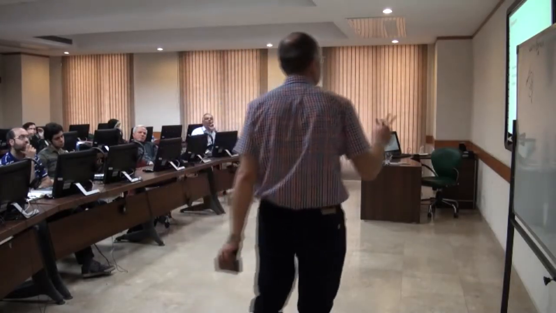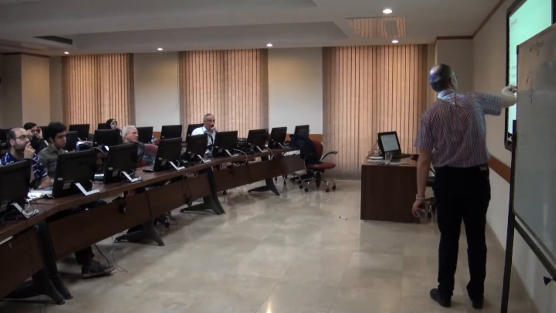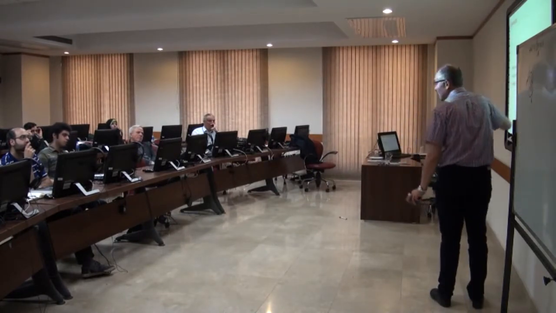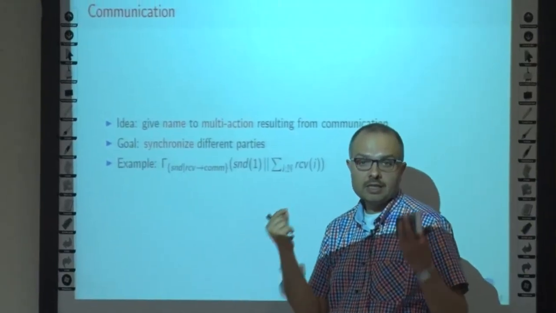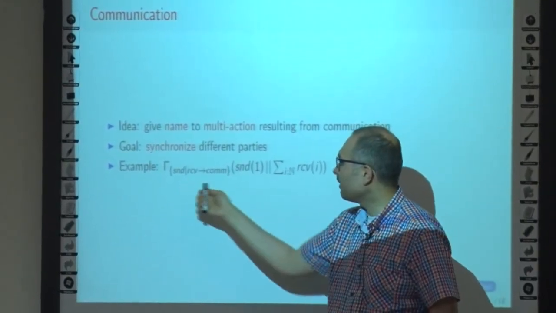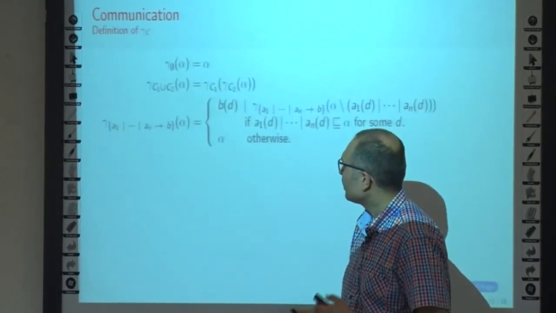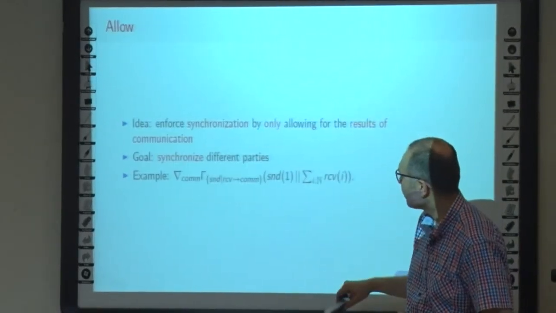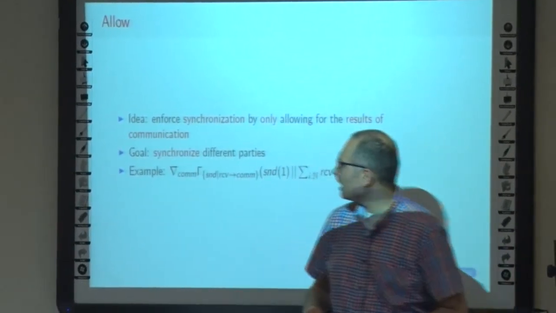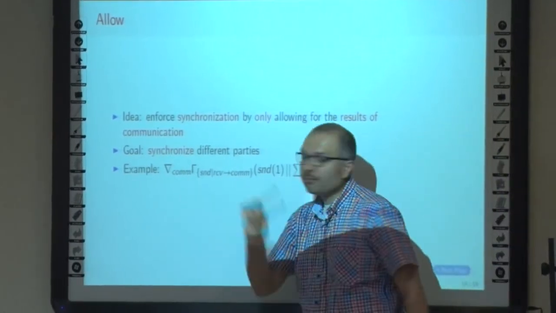Right? So first off, what we do, we give a new name to the multi-action that results from send and receive with the same data parameter. Okay? So if send and receive happen with the same data parameter in a multi-action, then we give it a new name called com. And then there are axioms for it. I don't take the axioms right now. And then later, I add another outermost operator that says, for this process, only com is allowed.